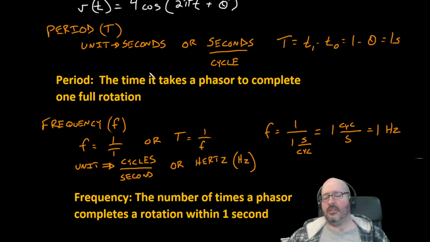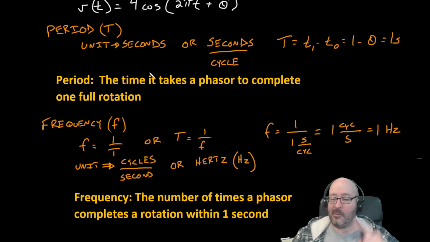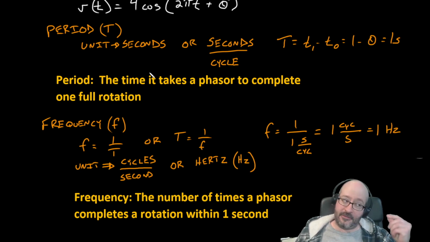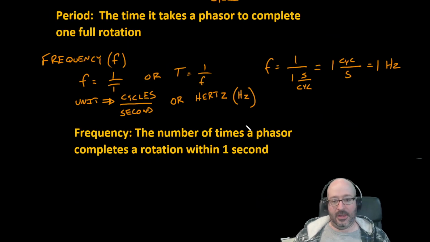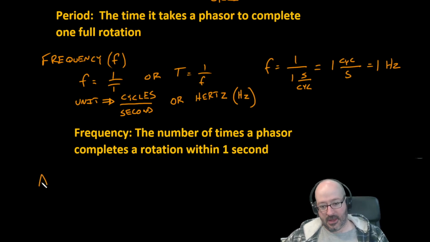All right, so we have period and we have frequency, but we don't have 2 pi yet. And I said that when we're using phasor representations, the angular frequency is the one that we're really after. So here we have angular frequency. And it's similar. We're talking about how quickly this thing goes around.